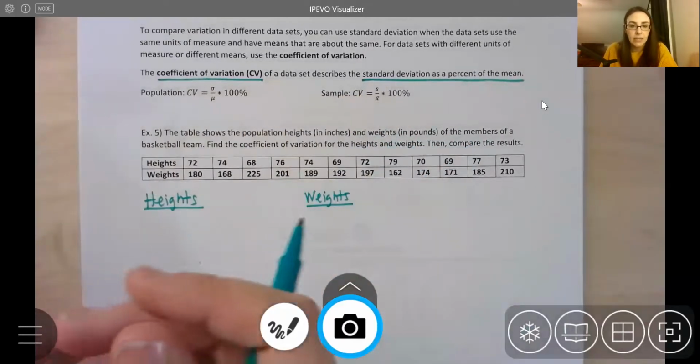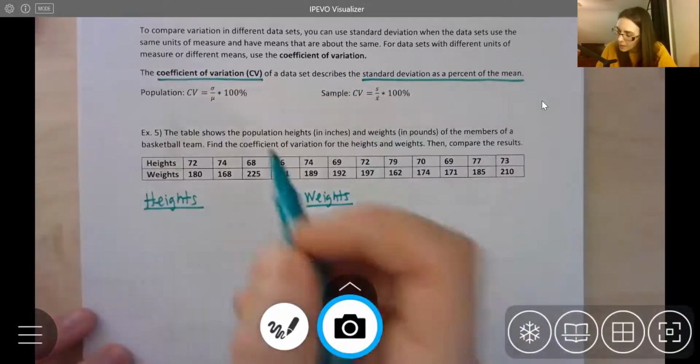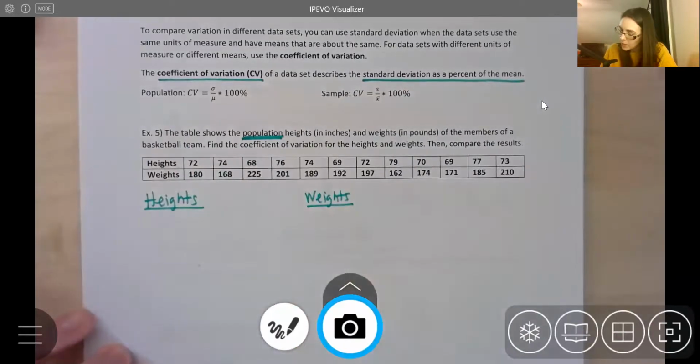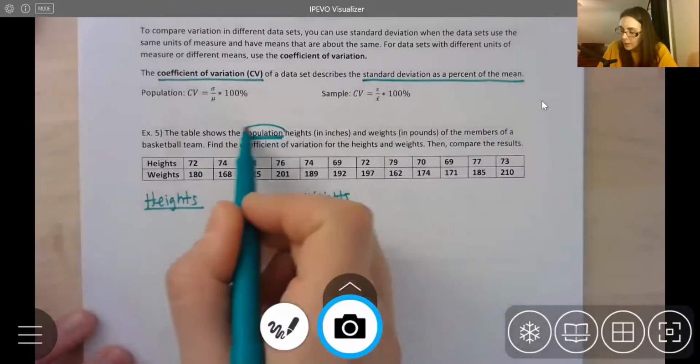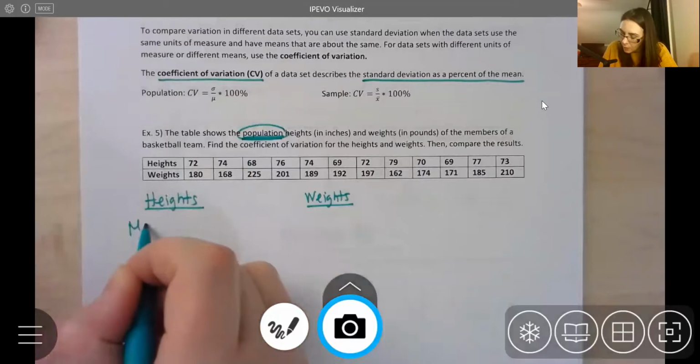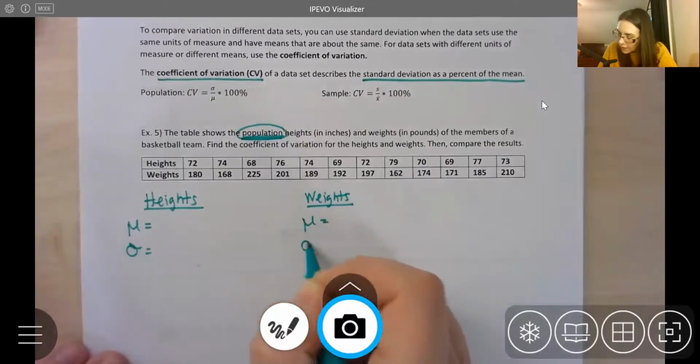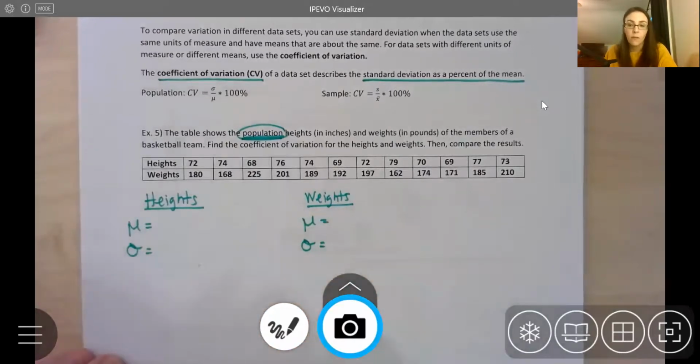So the table shows the population heights and weights for a basketball team. If I have population data, then I'm looking for the mu and the sigma in each case before I can actually begin and find the coefficient of variation.